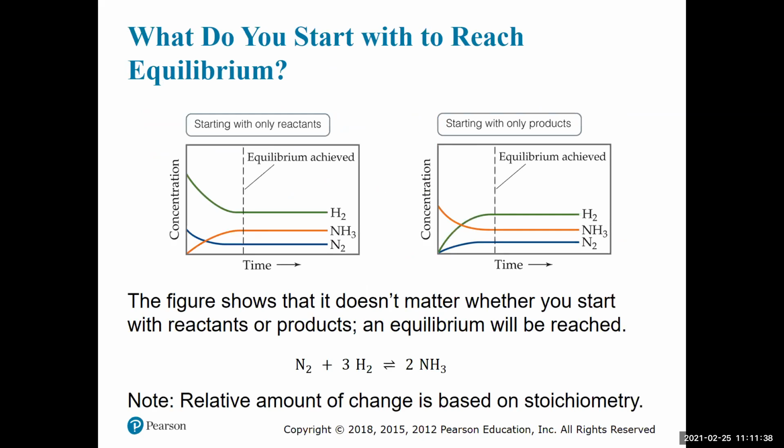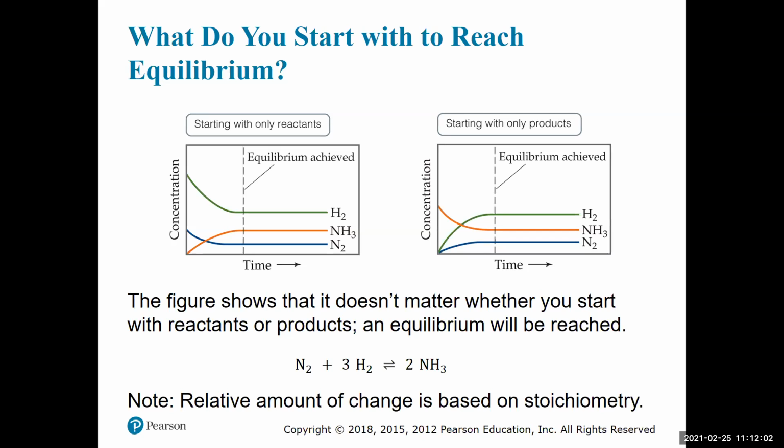But let's talk a little bit about it visually to see what's going on. So over here on the left, we have, once again, time on the x-axis, concentration on the y-axis. And we see in our reaction, remember, N2 plus H2 going to NH3. So when we start out, we don't have any NH3.